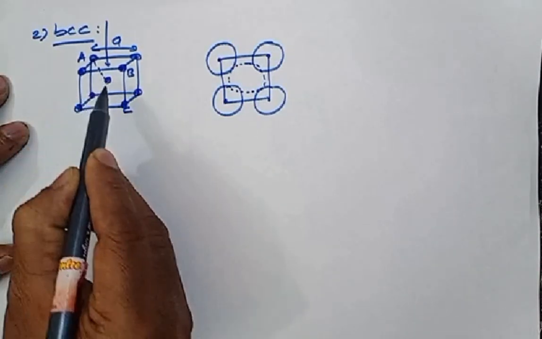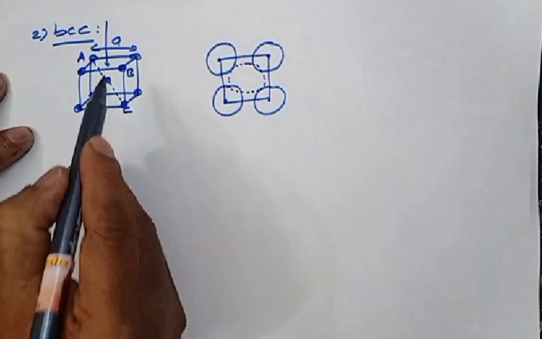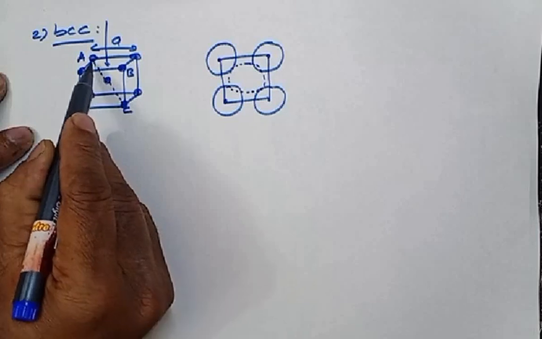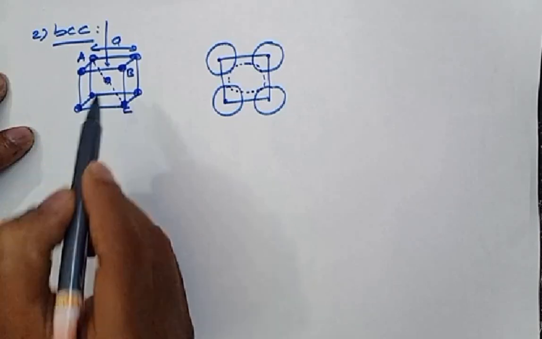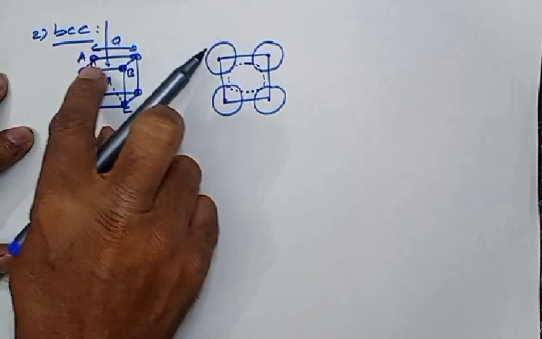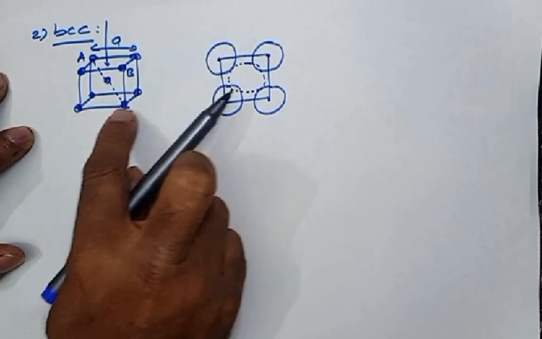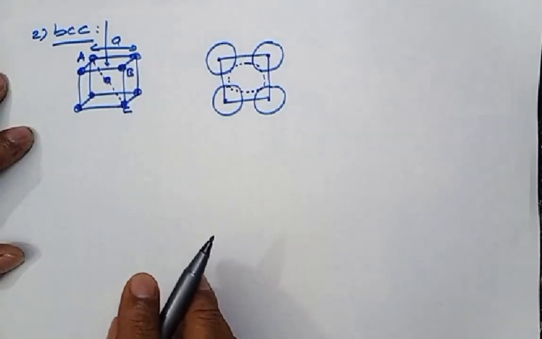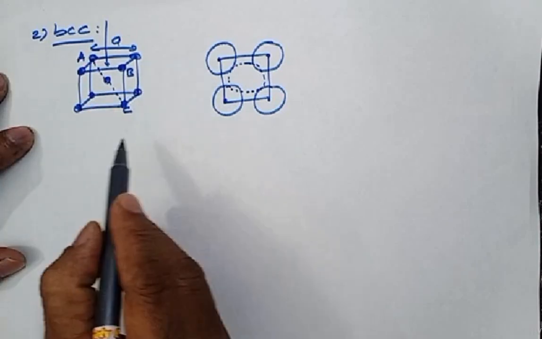Observe carefully, I'm taking the diagonal AC. The center atom touches the surface of A as well as the surface of C. I have told you, the center atom touches the surface of all the above four corner atoms and below four corner atoms. So the center atom touches A as well as C. It looks somewhat like this.